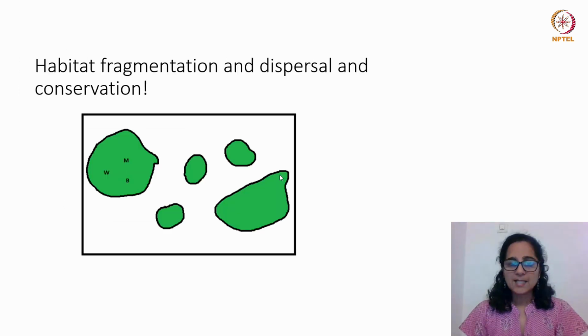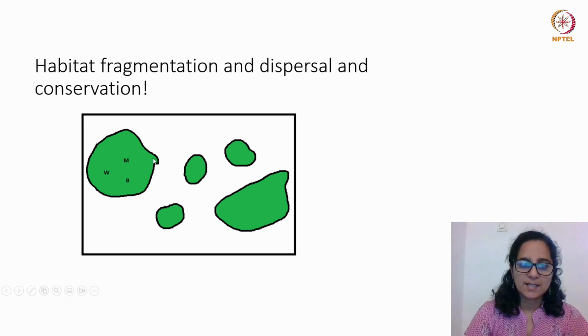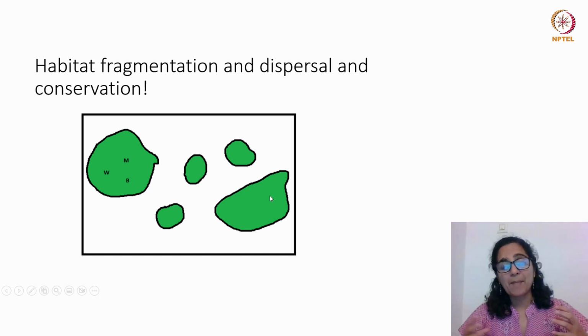Okay. Lastly, you should think about why seed dispersal is so important and how that is related to conservation. So let's see that these are different habitats. These are patchy habitats.